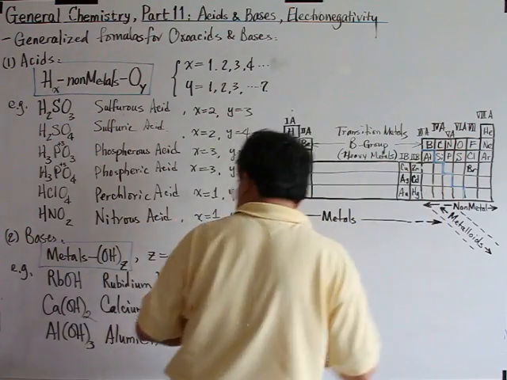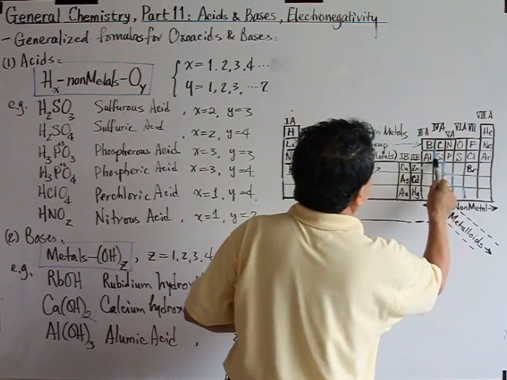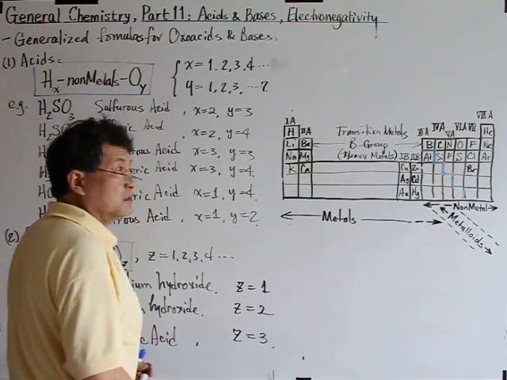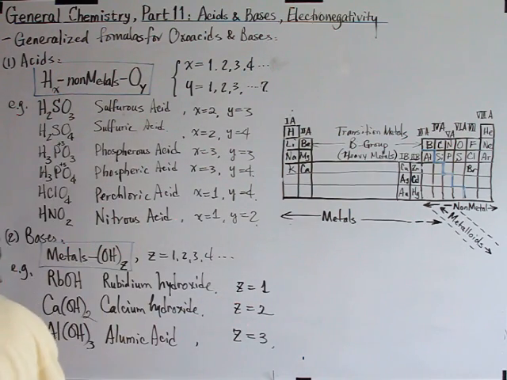But aluminum is the same. I said the box of aluminum has 2 sides belonging to this staircase line, semi-metal. Why? Let's put an asterisk here. This compound, Al(OH)3, right?